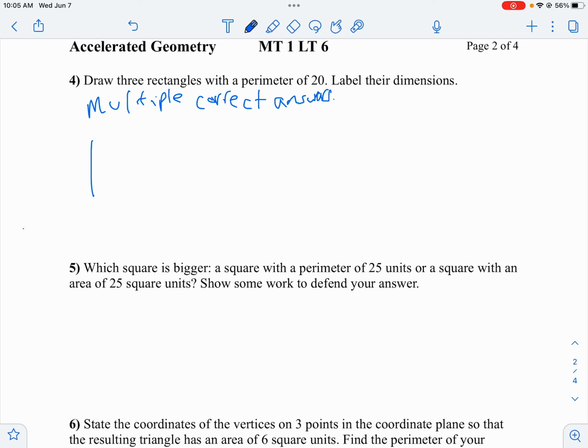Now don't give me 10 and 2, because 10 and 2 would be way too big, wouldn't it? Because 10 plus 2 would be 12. That would give me a perimeter of 24. How about if I go, let's try 8. So that would give me 16 and 2. That'd be one of them. Now I want you to find 3 others besides that.